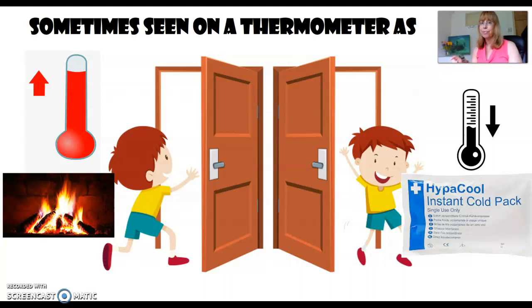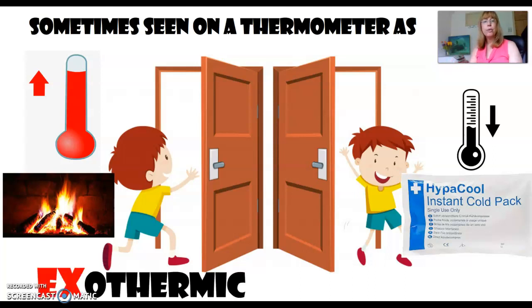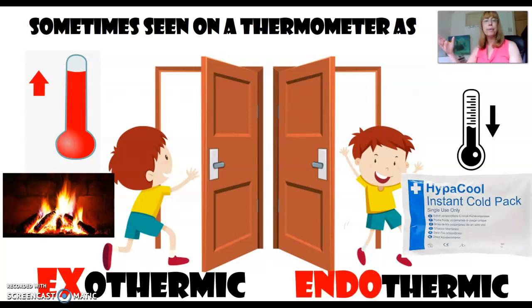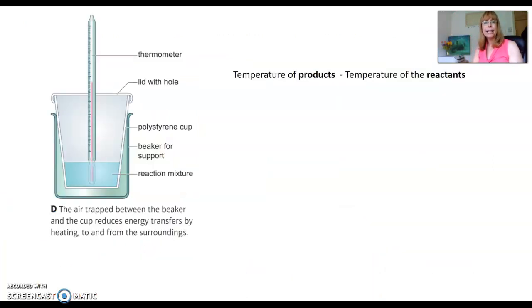Don't get that wrong. So in an exothermic reaction, because the energy is being released, the thermometer goes up. And for an endothermic reaction, because that energy is being absorbed from the environment, the reading on the thermometer goes down. Now, if we did this experiment in class, we would do it in this very simple container. You can see I've got a polystyrene cup.